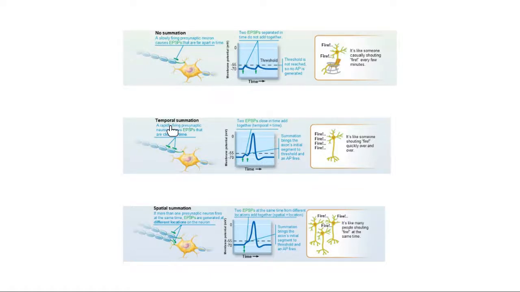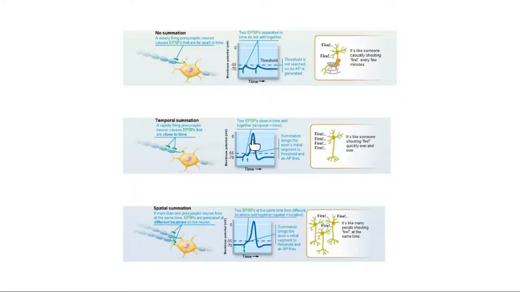If we're doing temporal summation, notice how this one neuron who was talking to me sent me multiple messages. So while my membrane charge was already a little bit higher because I just brought in some sodium, I got another message that opened up even more of those sodium channels. So even more sodium came in, enough to get me to threshold.